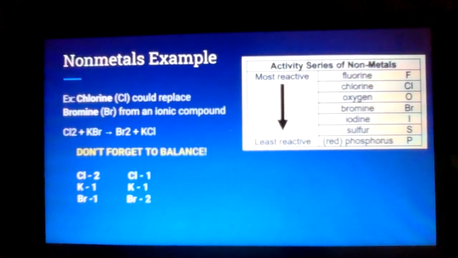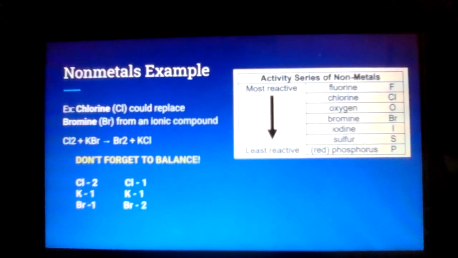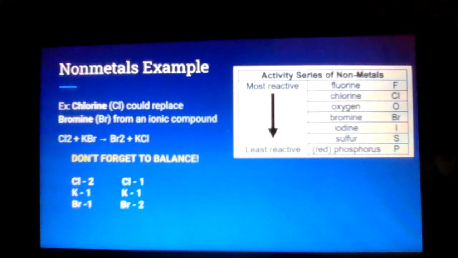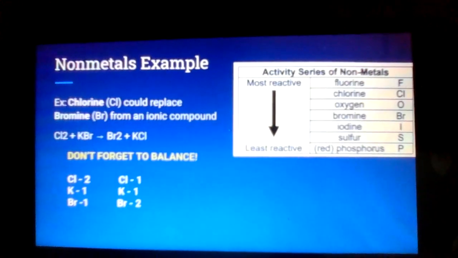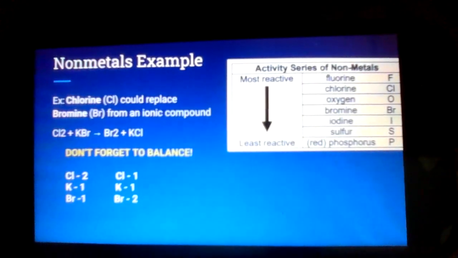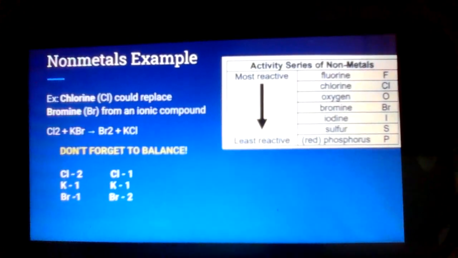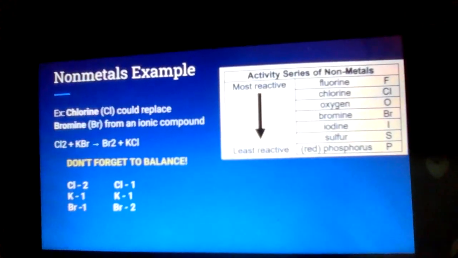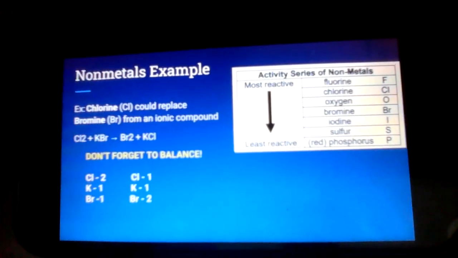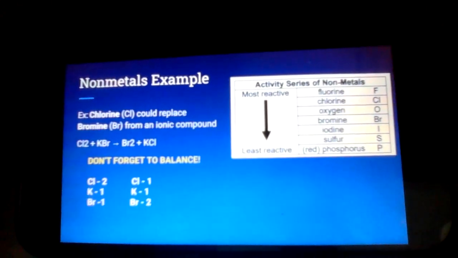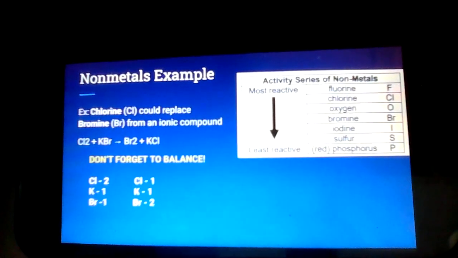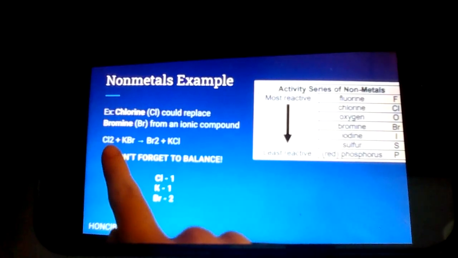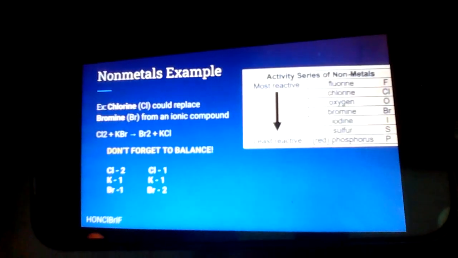However, you cannot forget to balance these equations. Since, as you can see in this one, the reactants have 2 chlorine, 1 potassium and 1 bromine, whereas the products have 1 chlorine, 1 potassium, and 2 bromine. This is not a balanced equation, so you must figure that out. And also, you were able to tell that there are, in this equation, 2 chlorine and 2 bromine because of the diatomic elements, the HONClBrIF.